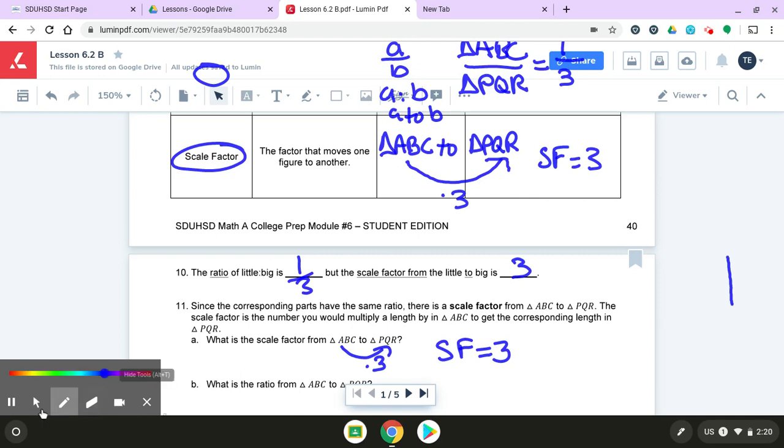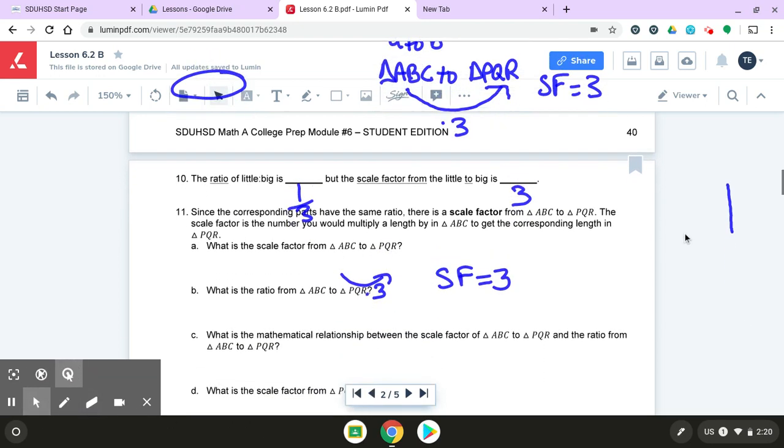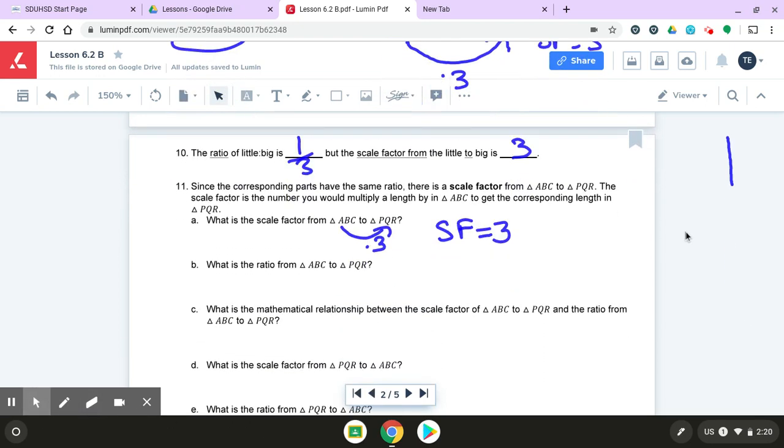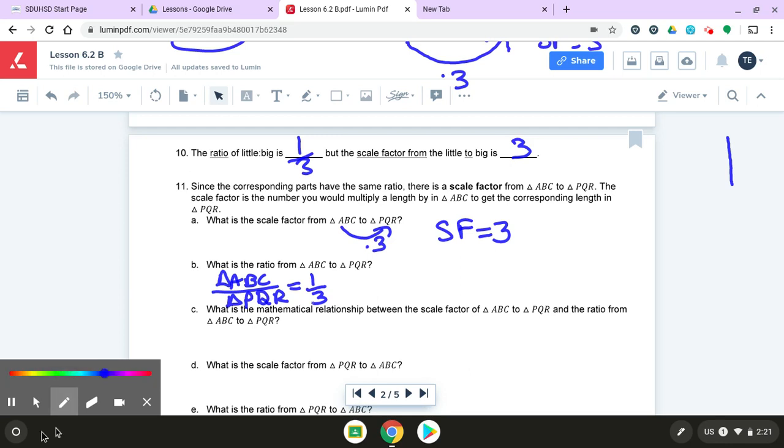And on the ratio, we have to set it up like a ratio. It says triangle ABC to PQR. So that means that ABC has to go on the top and PQR has to go on the bottom. The top one, ABC, is the smaller one. So this would be 1/3. Okay? So the scale factor and the ratio, they're reciprocals. So I'm going to go ahead and type this one in right here.